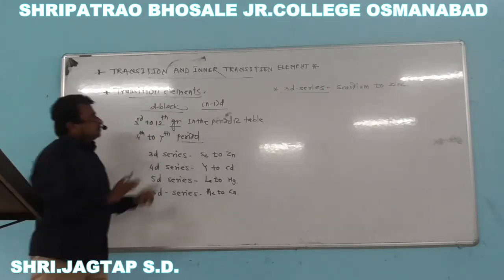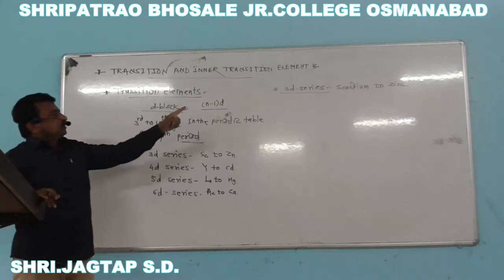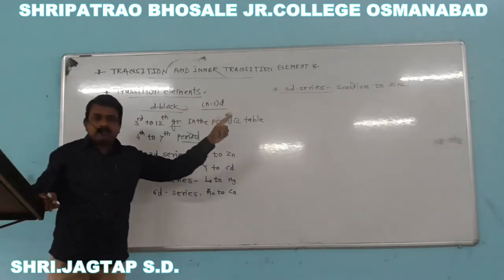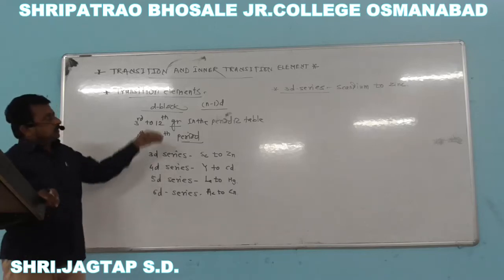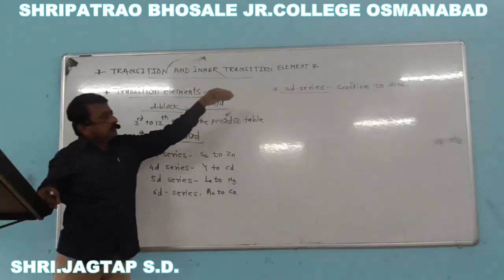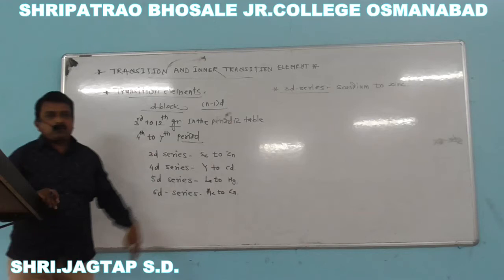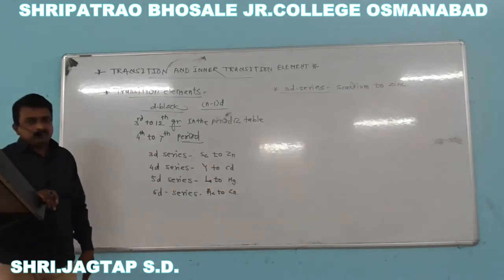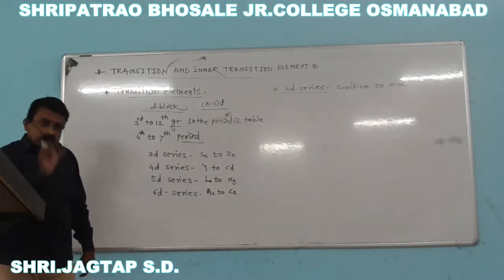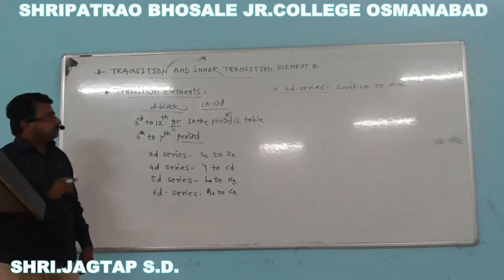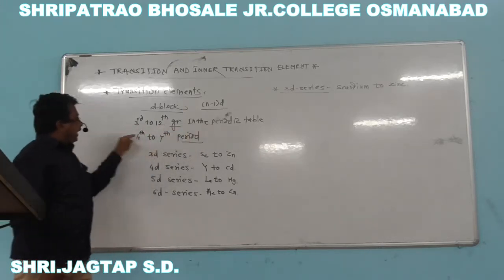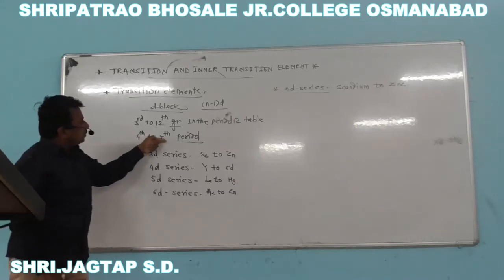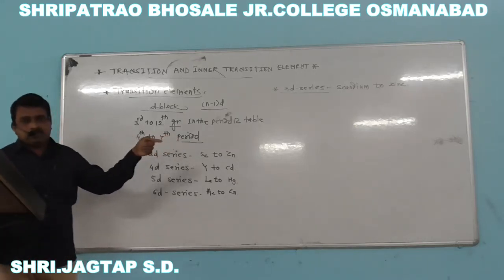In short, the position of the 3d series in the periodic table. The 3d series are these 10 elements, from scandium to zinc. They are placed in the 3rd to 12th group and 4th to 7th period in the periodic table.